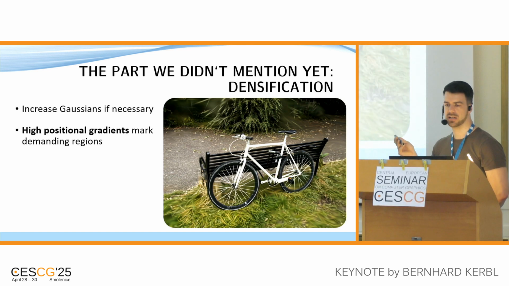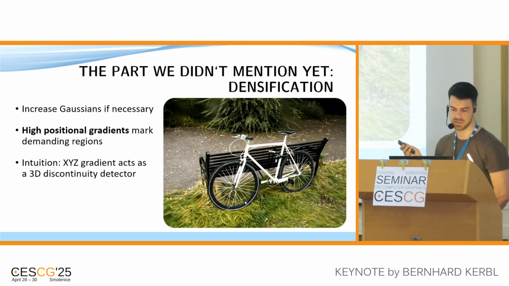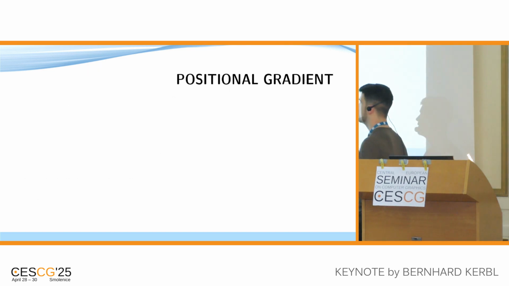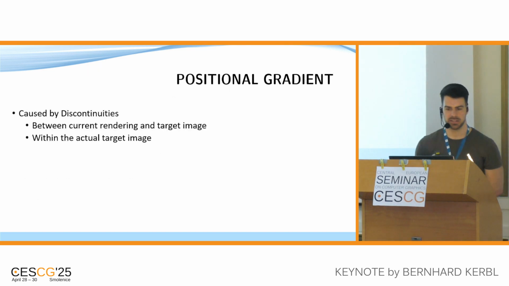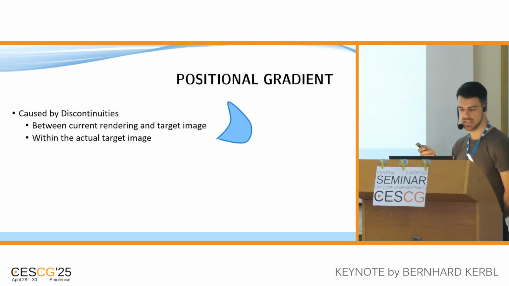So very likely, they just need more help, right? They just need more expressivity to actually model what they are trying to model, okay? And then we densify those regions by adding more Gaussians in those places where we have a high positional gradient.